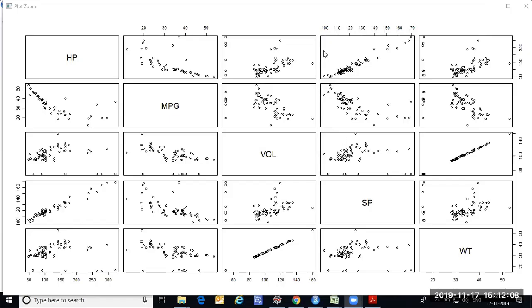Volume and weight have a very strong positive correlation. So any other combinations you see within the input variables? How are speed and HP related?